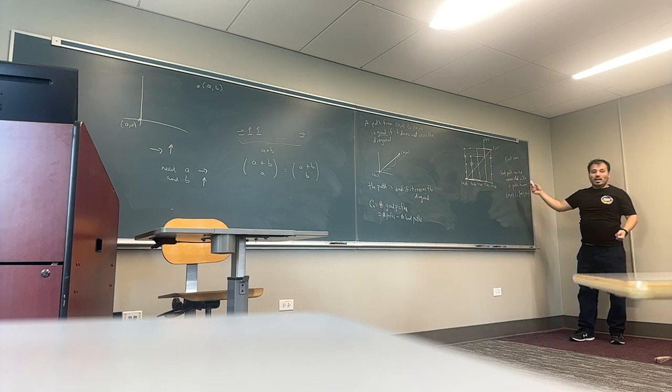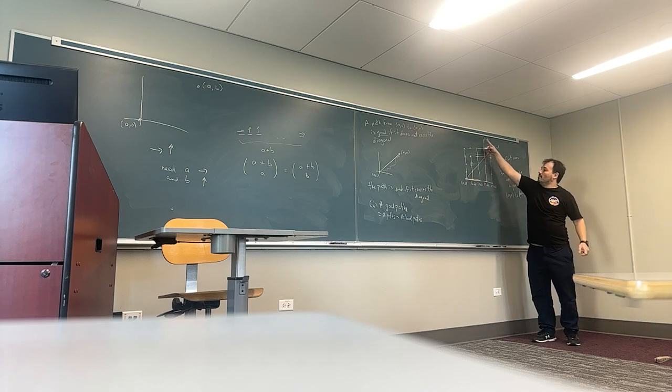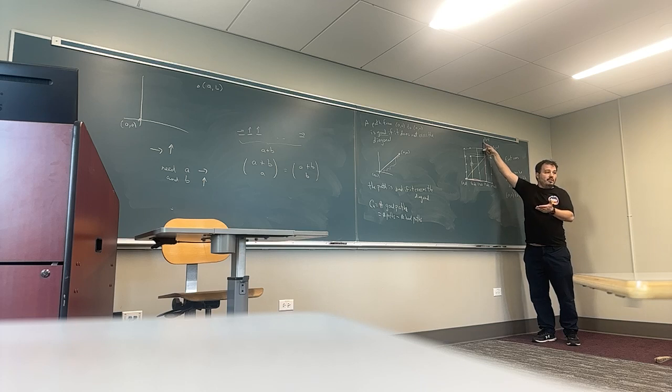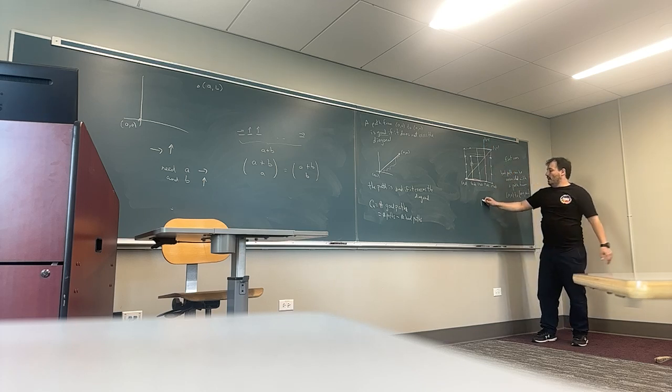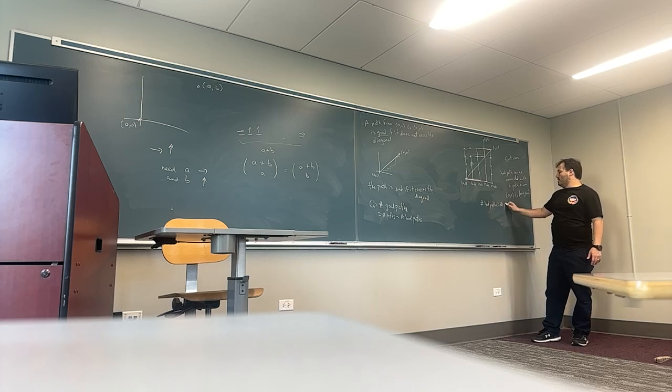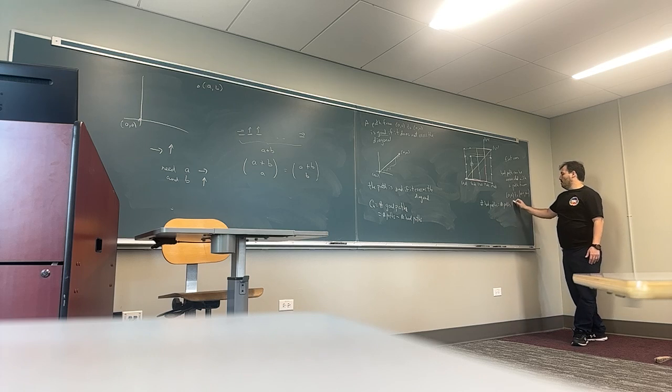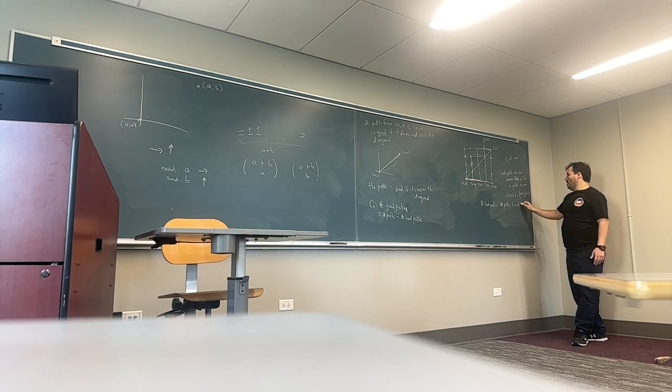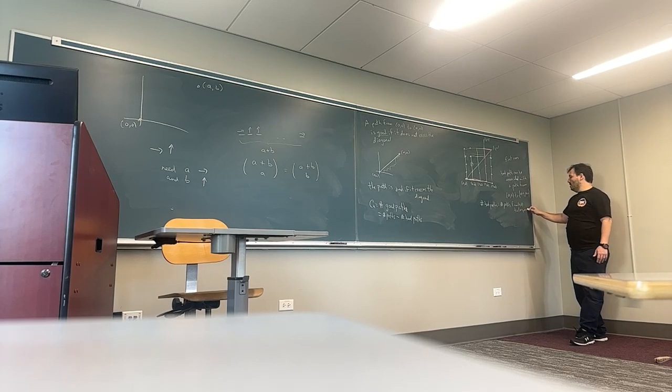So these are in bijection. For every bad path, there's a path from here to there. For every path from here to there, there's exactly one bad path. So the number of bad paths is the same as the number of paths from 0,0 to n minus 1 comma n plus 1.